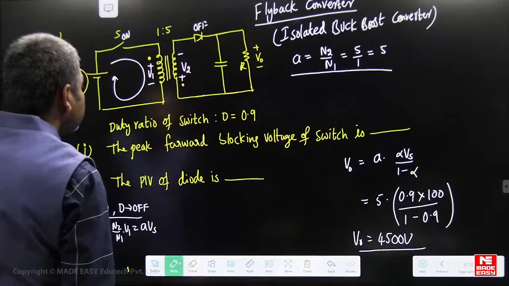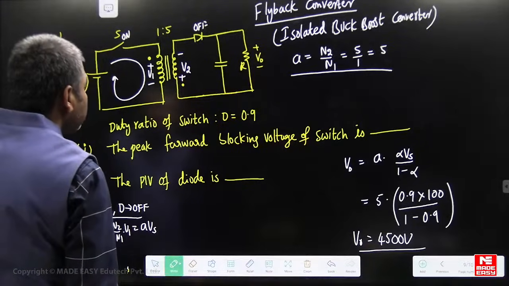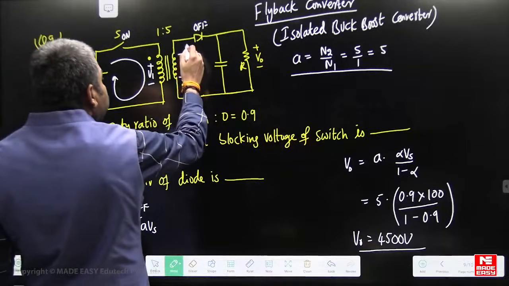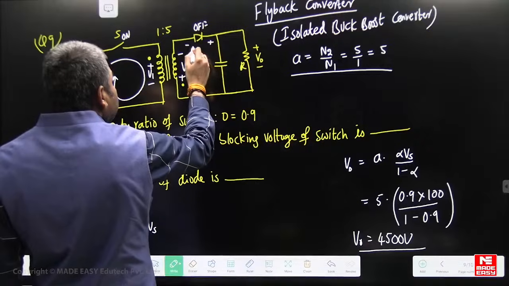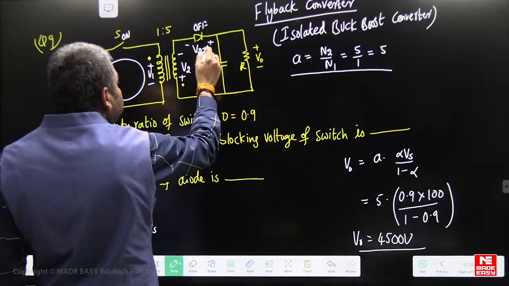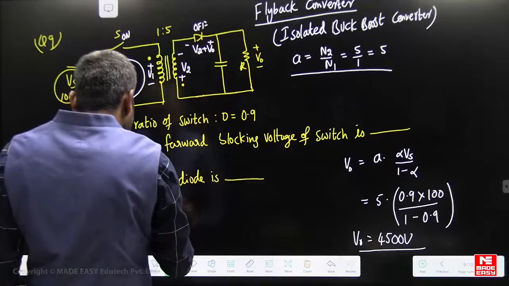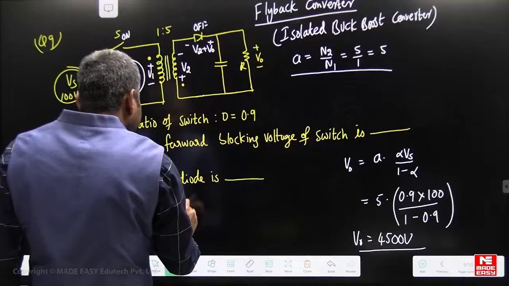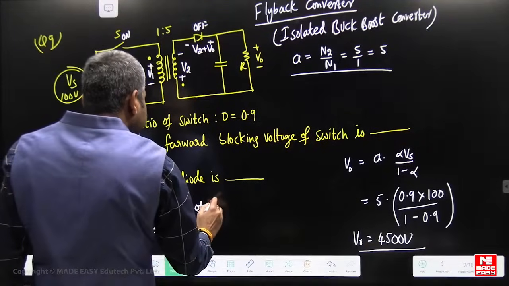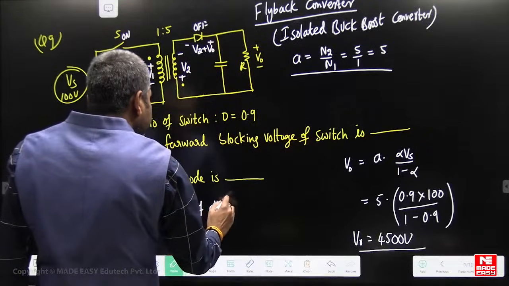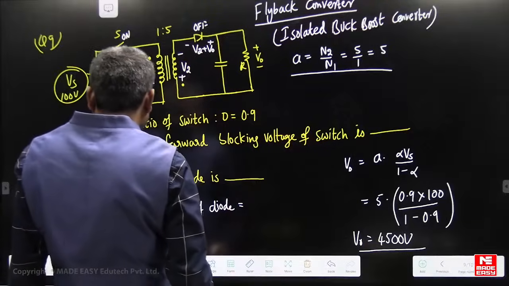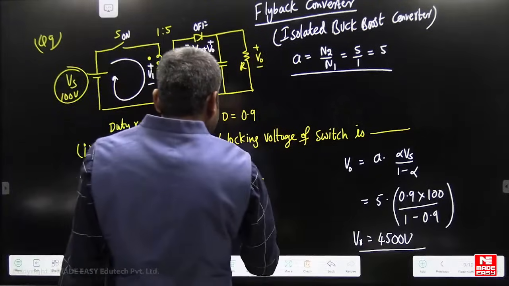Now what is the voltage across the switch? Minus plus, minus plus. So here the voltage across the diode is V2 plus V0. That is the PIV. So therefore the PIV rating of diode is V2 plus V0.